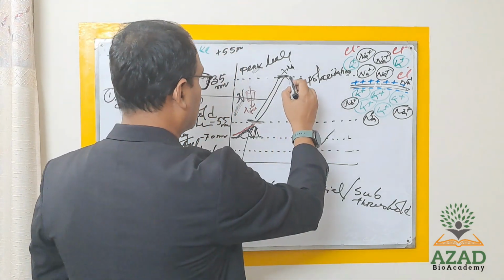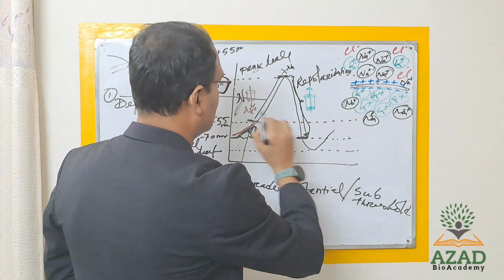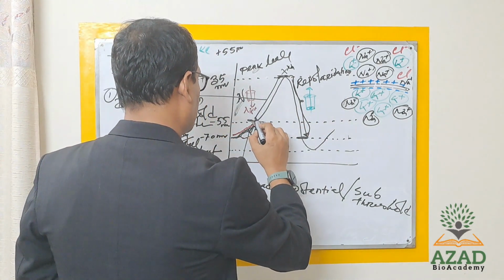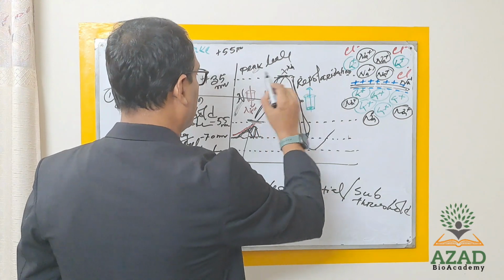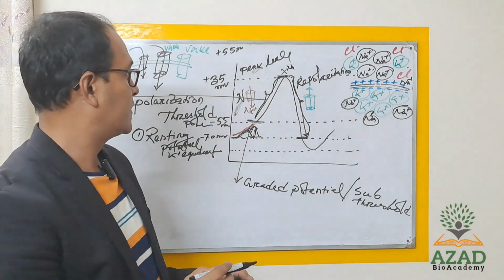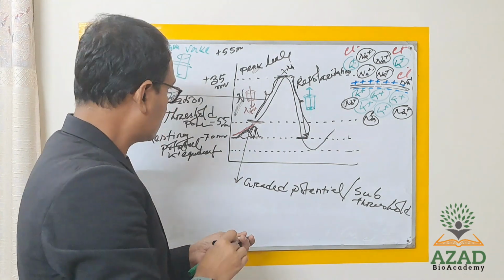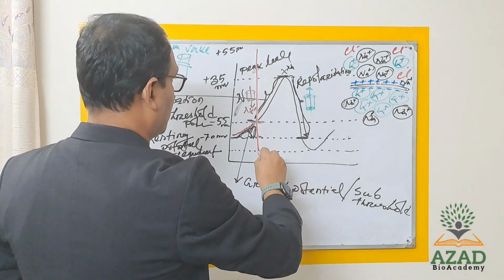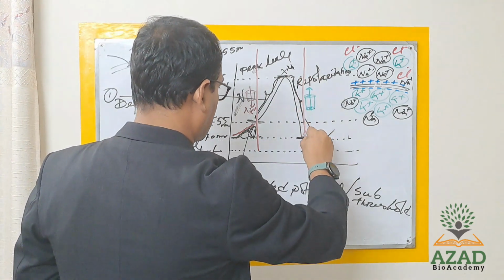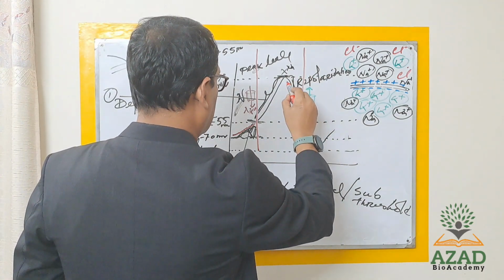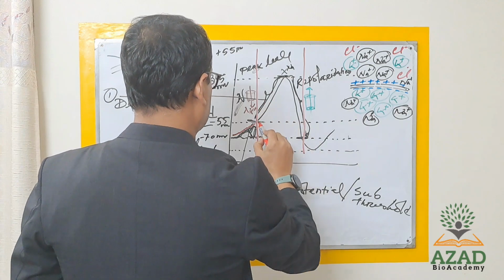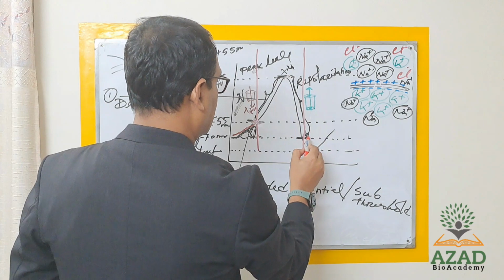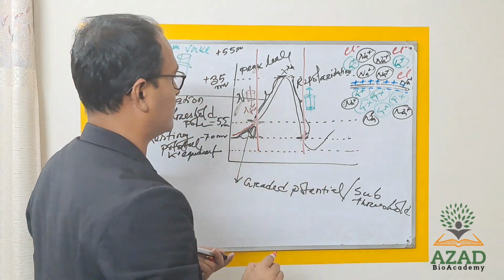So from here to here, this is the repolarization, and from threshold potential to the peak, this is the depolarization. Depolarization will start from here and repolarization will start from here, and it will end in the resting potential.